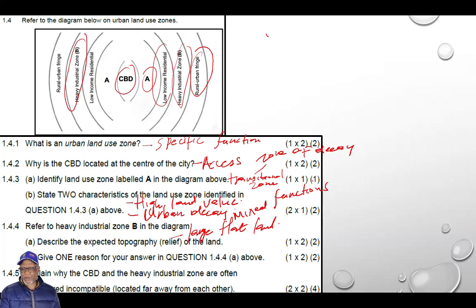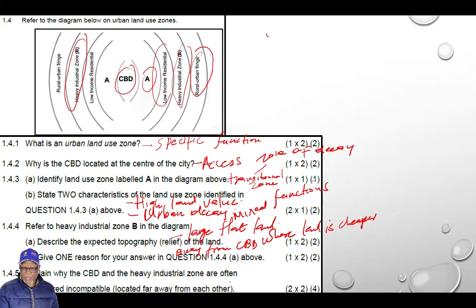Because the industries cannot be built upwards, they have to be built horizontally, so the land must be very large. Give one reason for your answer. Why must the land be large and flat? Because it is away from the CBD where land is cheaper. The land is cheaper in this area.